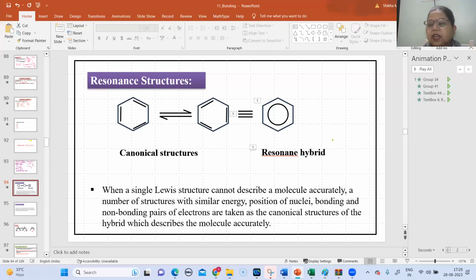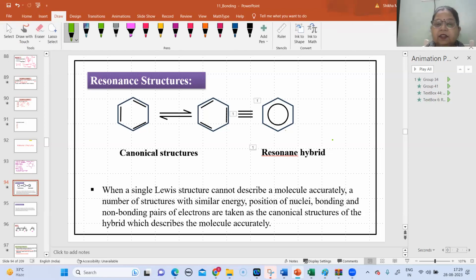Benzene is supposed to have 2 structures, which are represented as canonical forms, and the real structure of benzene will be its resonance hybrid, right?